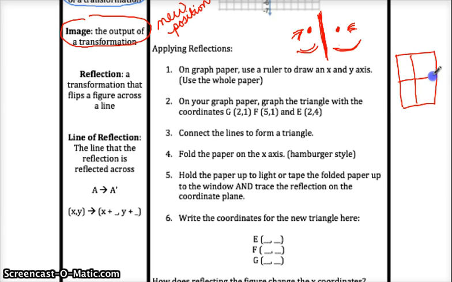Here's my X, here's my Y. Then on your graph, draw the triangle with the coordinates (2, 1), (5, 1), and (2, 4). Label the coordinate (2, 1) with a G, (5, 1) with an F, and (2, 4) with an E. It should look something like this.